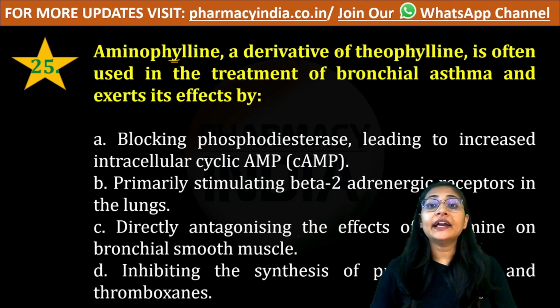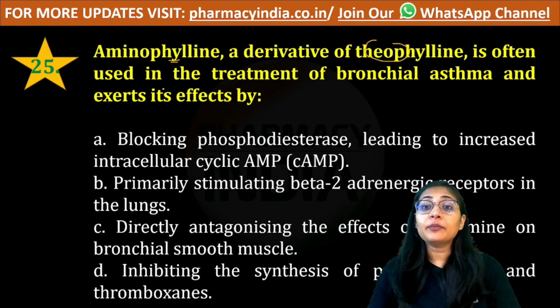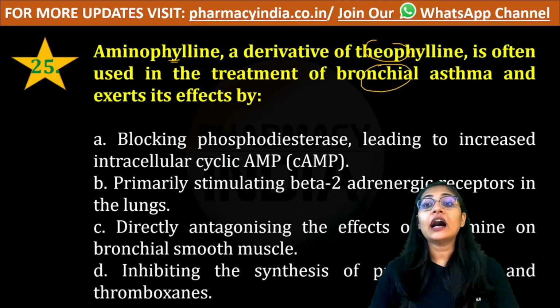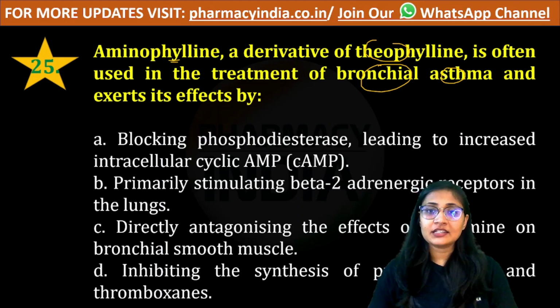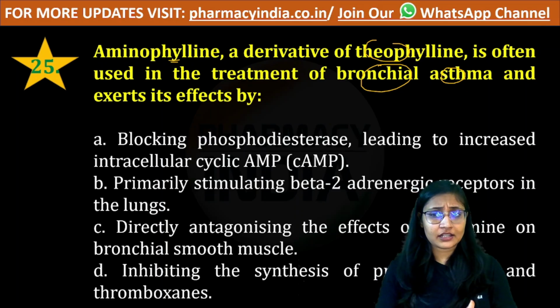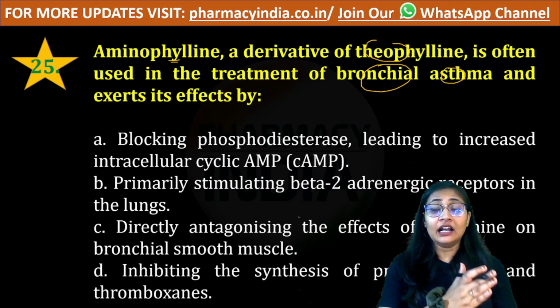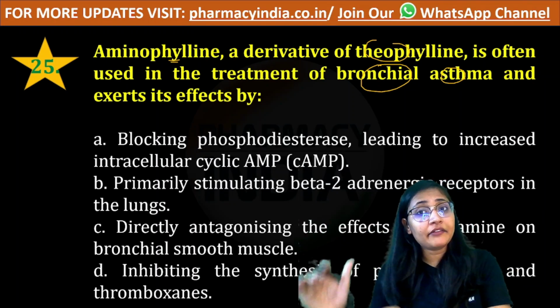Okay. Next question, question number 25. Aminophylline, a derivative of theophylline, is often used in the treatment of bronchial asthma and exerts its effect by. See, theophylline blocks the phosphodiesterase enzyme, so the breakdown of cAMP would get reduced.